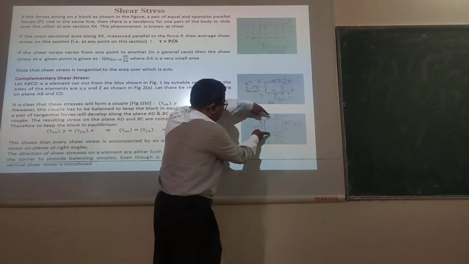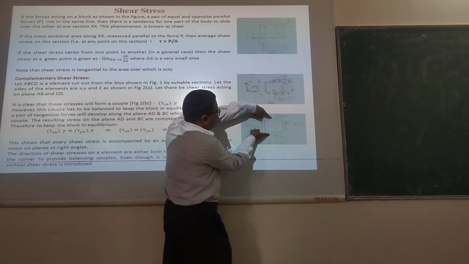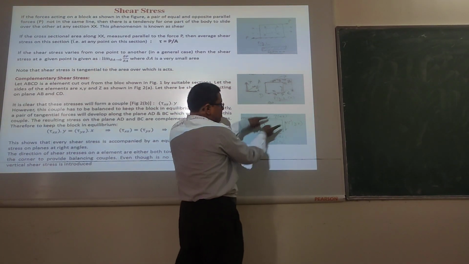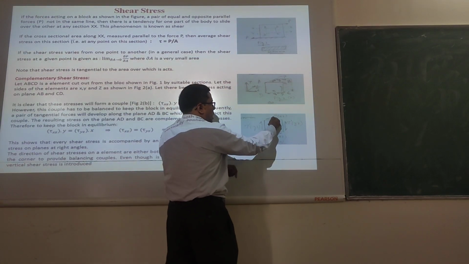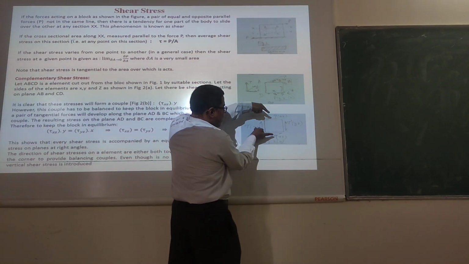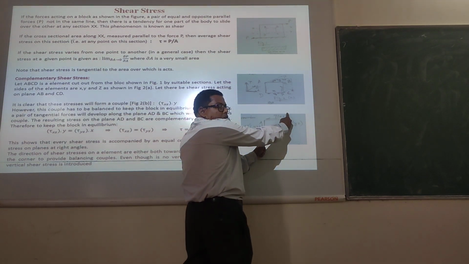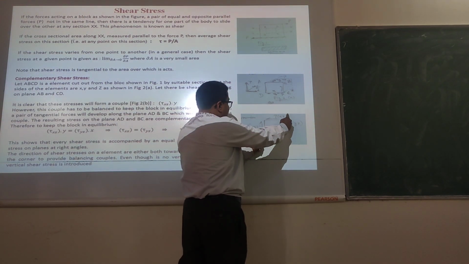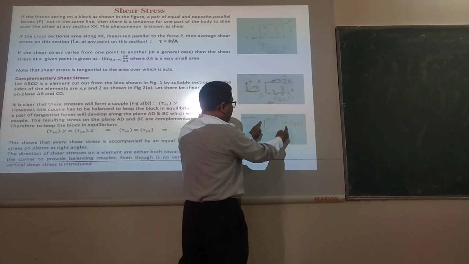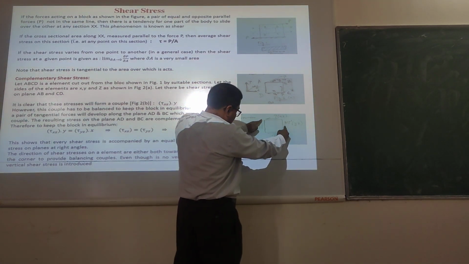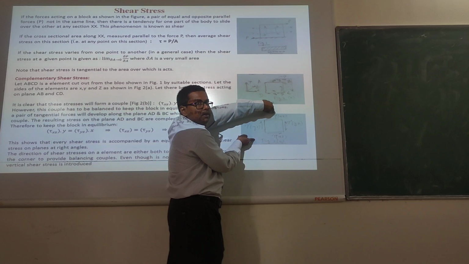So this will create a couple to rotate it in this direction, isn't it? Arrow is in this direction, arrow is in this direction, so it will rotate in this direction, right? To counteract it, there must be an equal and opposite force occurring in this direction. Got it?